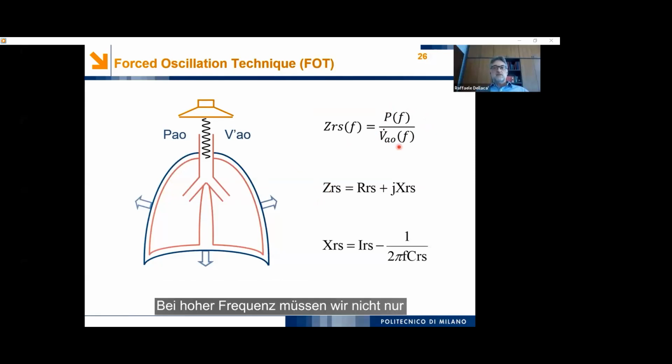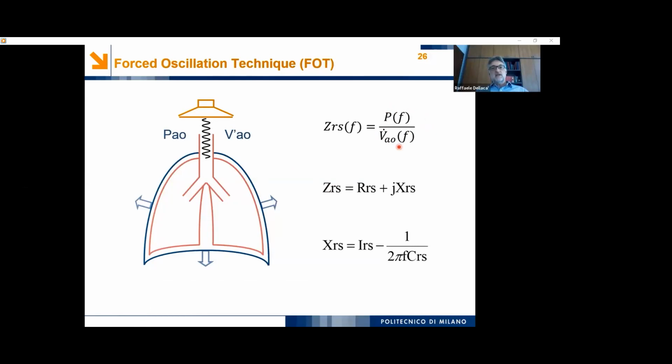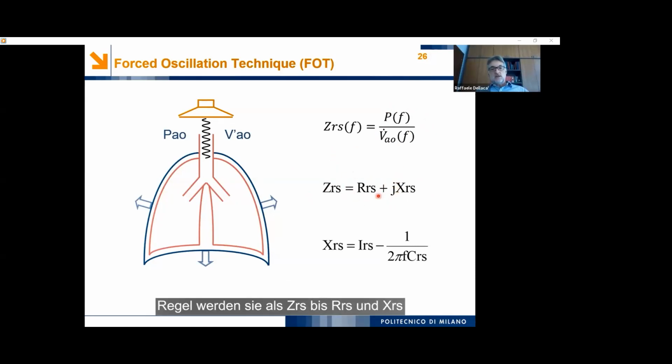At high frequency, we need to consider not only the amplitude of the signal, but also the phase shift between the two signals. To characterize the impedance, we actually need two different numbers. One is called resistance, and the other one is called reactance. Usually they are referred to as Rrs and Xrs for resistance and reactance, respectively.